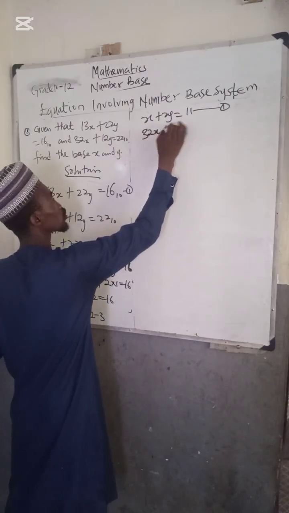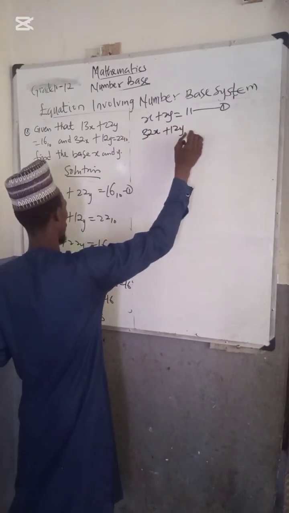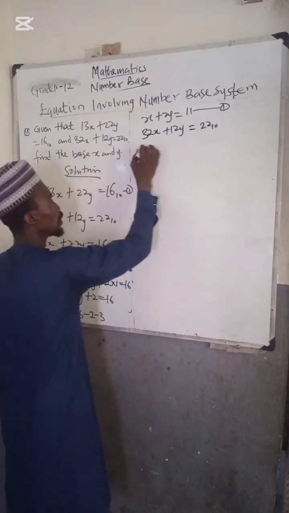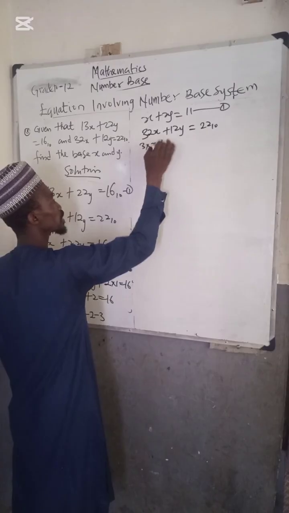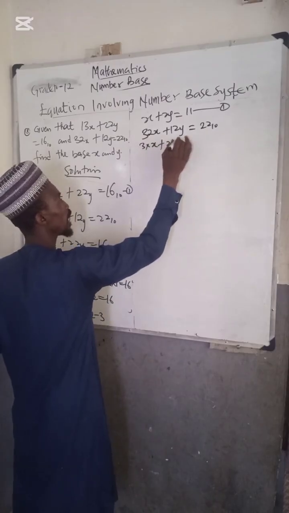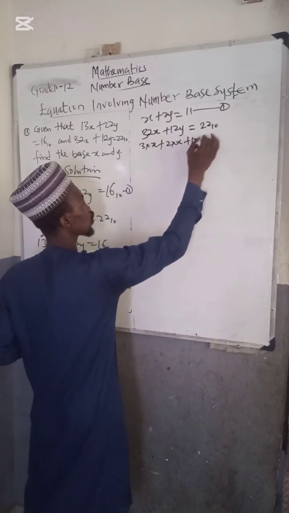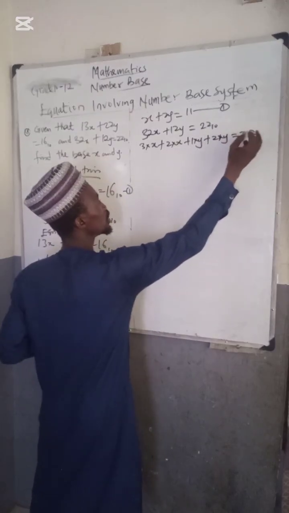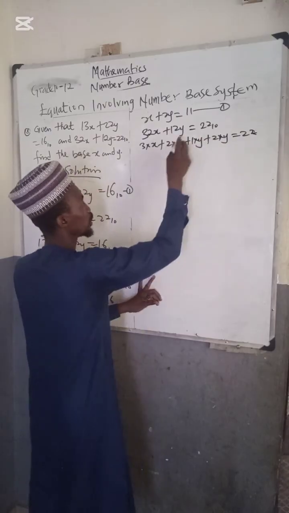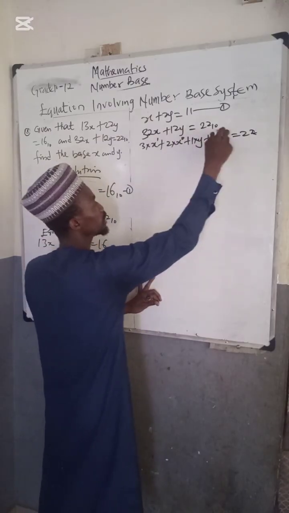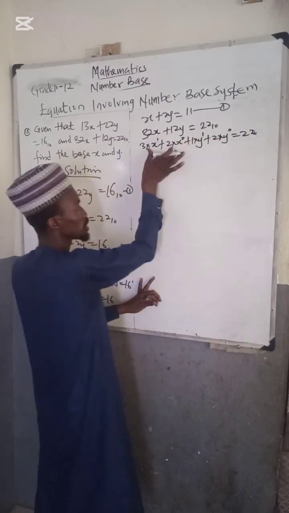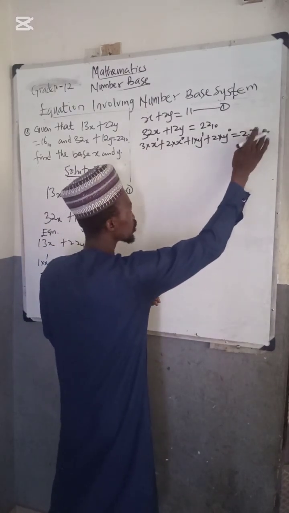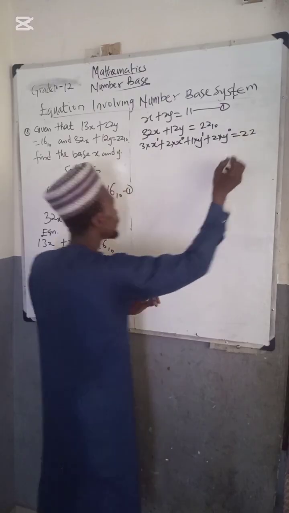Now we have the second equation, which is 32 base x plus 12 base y equals 22 base 10. Now we have 3 times x plus 2 times x to the power 0, plus 1 times y plus 2 times y to the power 0, equals 22. This one is already in base 10, so there's no need to expand.